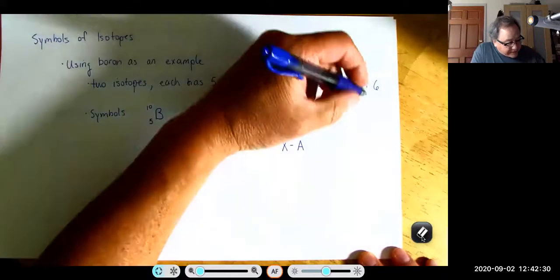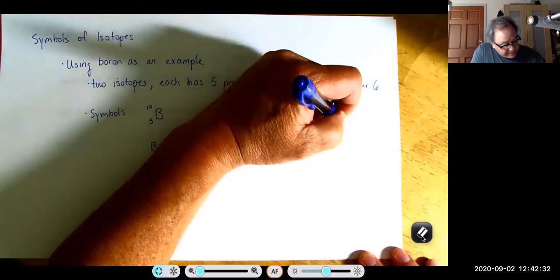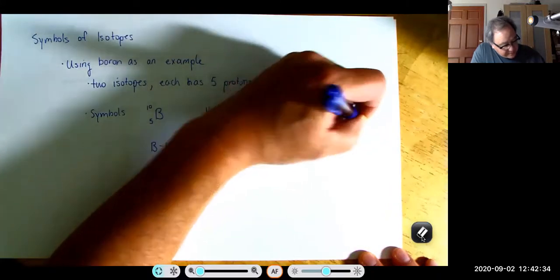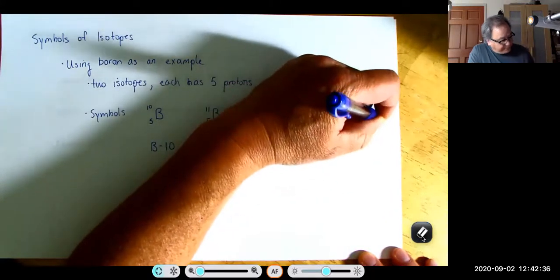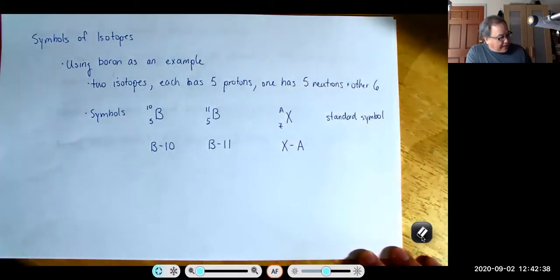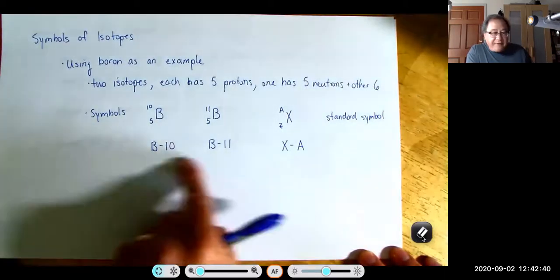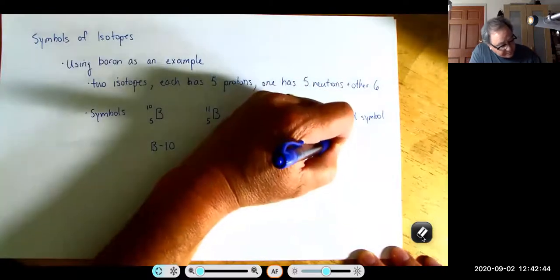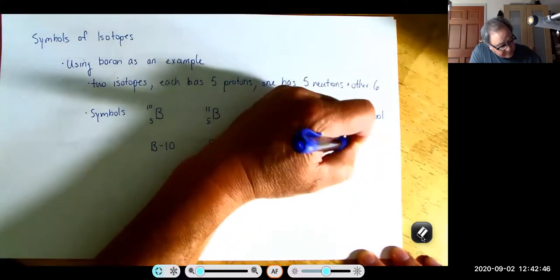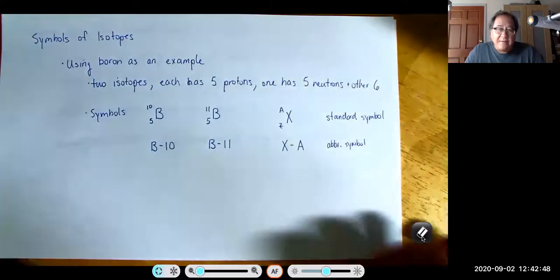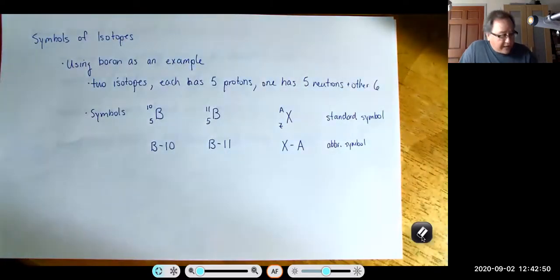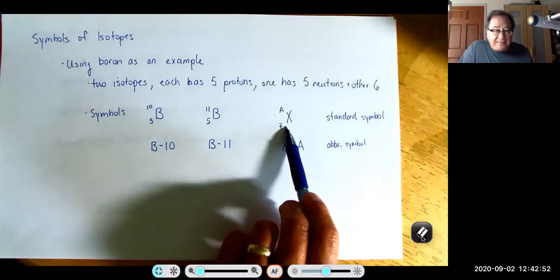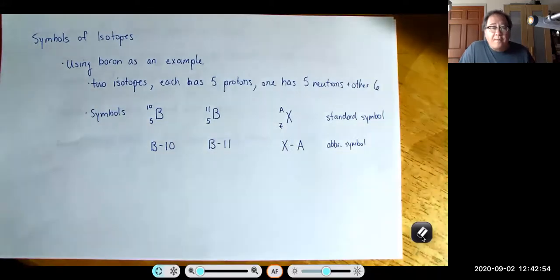So we're going to call this the standard symbol. Okay, and here, this is the abbreviated symbol, if you will. So on an exam, if I asked you for the standard symbol of an isotope, I'm looking for this guy right here. Okay, that format.